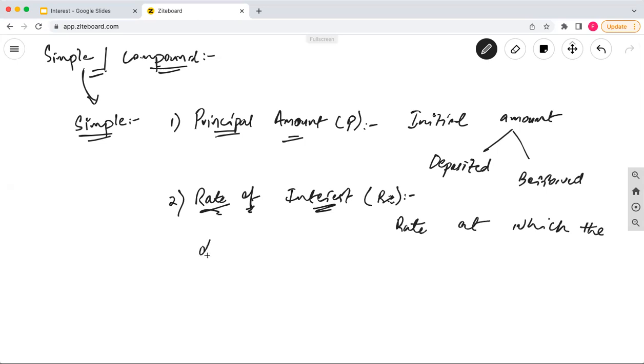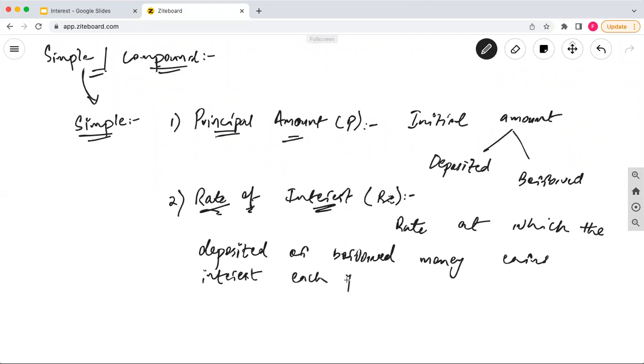This is usually expressed per annum, per year, but it could be per quarter of the year, per half of the year, per day, or per month. It depends, and we will see each of these scenarios as we move forward. This is the rate of interest.